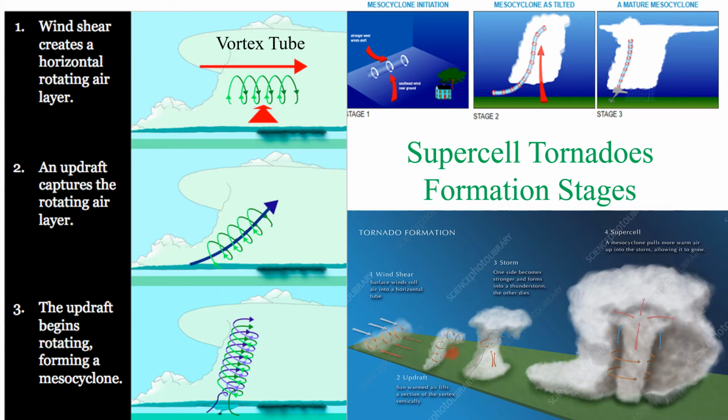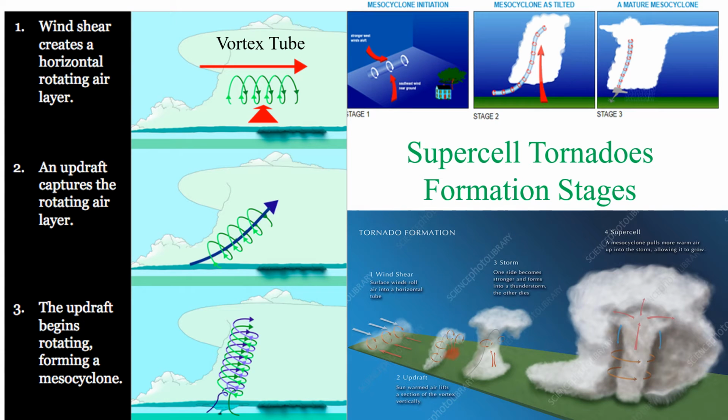This rising, spinning air is now part of the storm structure that we call a mesocyclone. As an area of low pressure, a small cyclone perhaps 5 to 10 kilometers across, the rotation of the updraft lowers the pressure in the mid-level of the thunderstorm, which acts to increase the strength of the updraft.